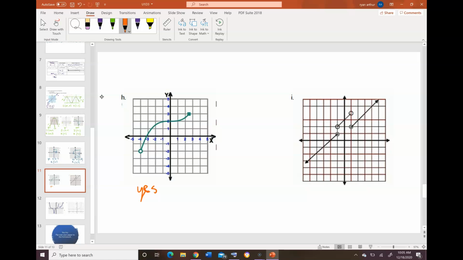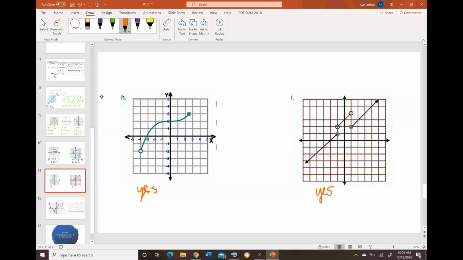That is fine, okay? As long as one is open, as long as only one is closed, it is still a function. If this was closed, it would not be a function, okay? So when you have dots like this on top of each other, the summary is only one of them can be closed for it to be a function, okay?